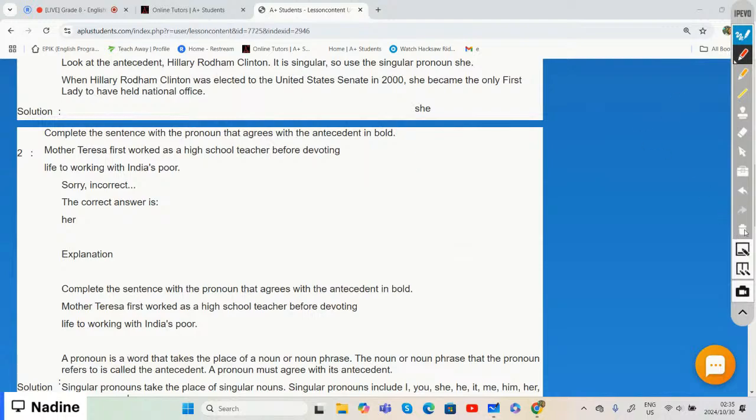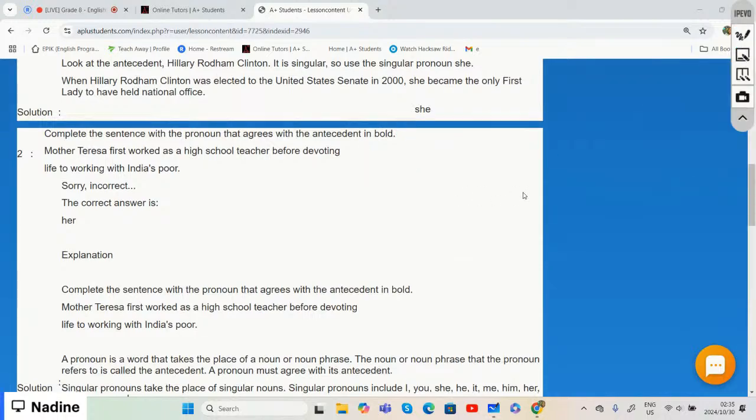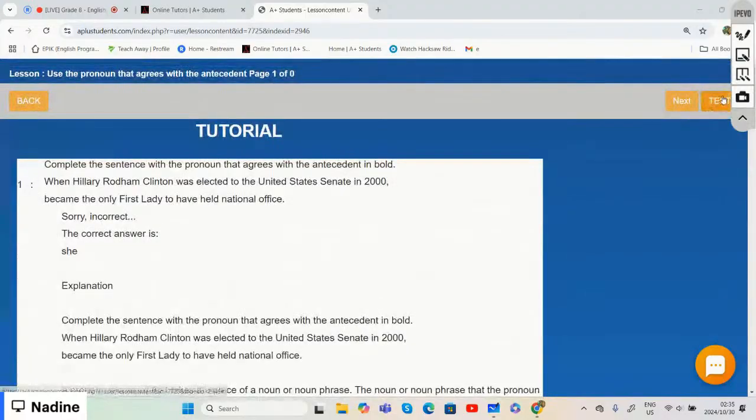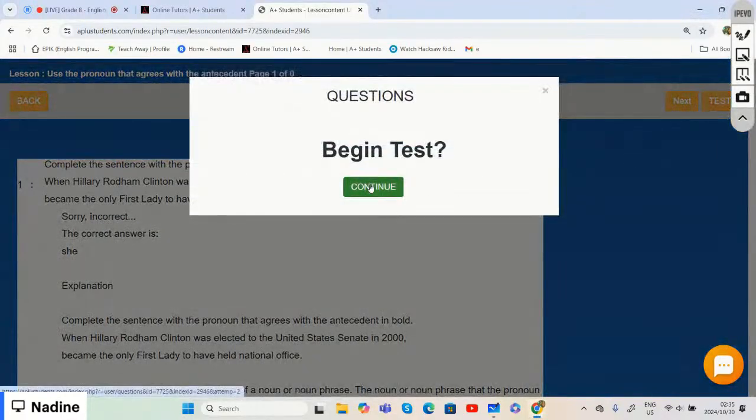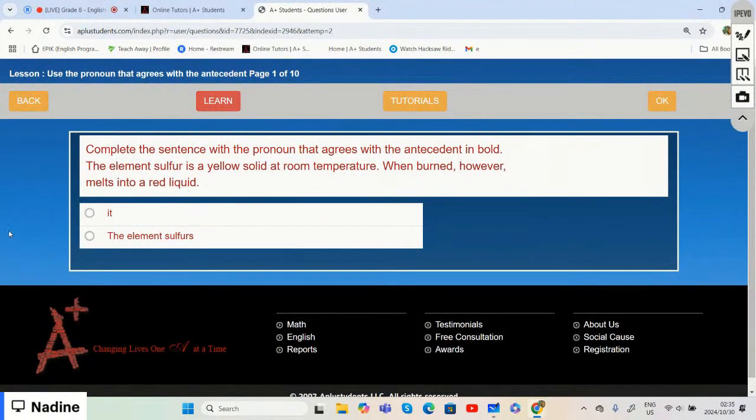All right, so now we're going to our test where we're going to use the pronoun that agrees with the antecedent. It says, complete the sentence with the pronoun that agrees with the antecedent in bold.